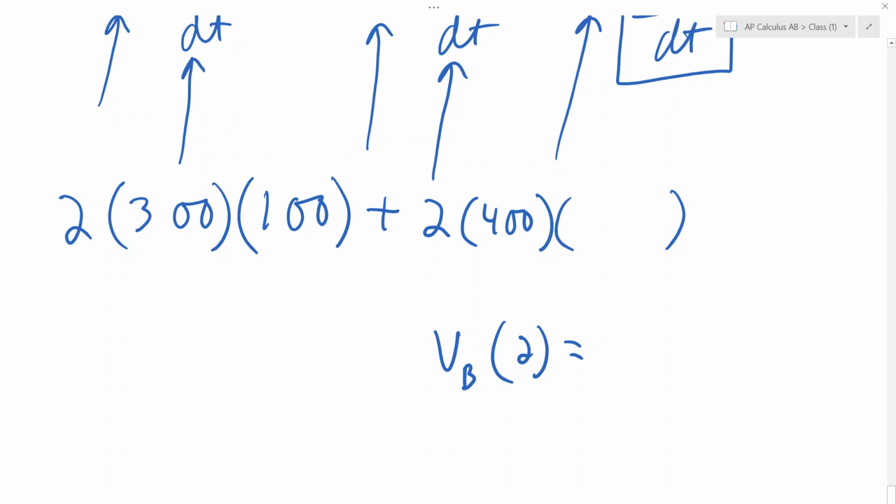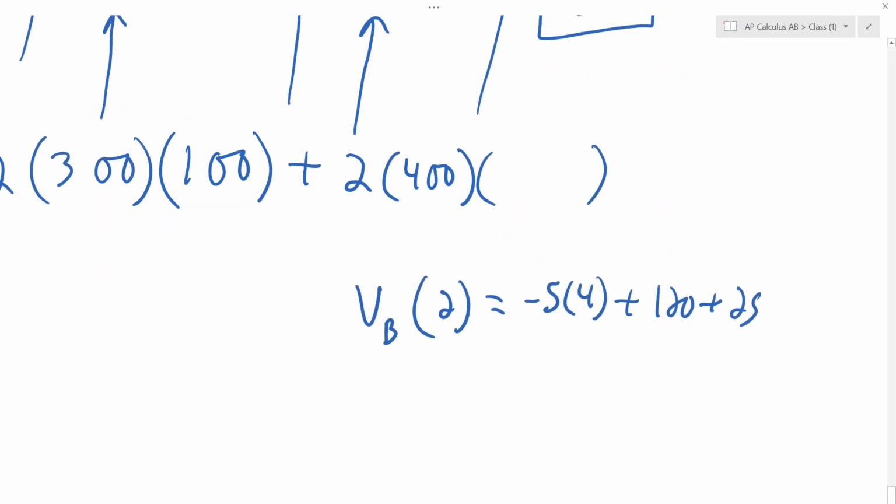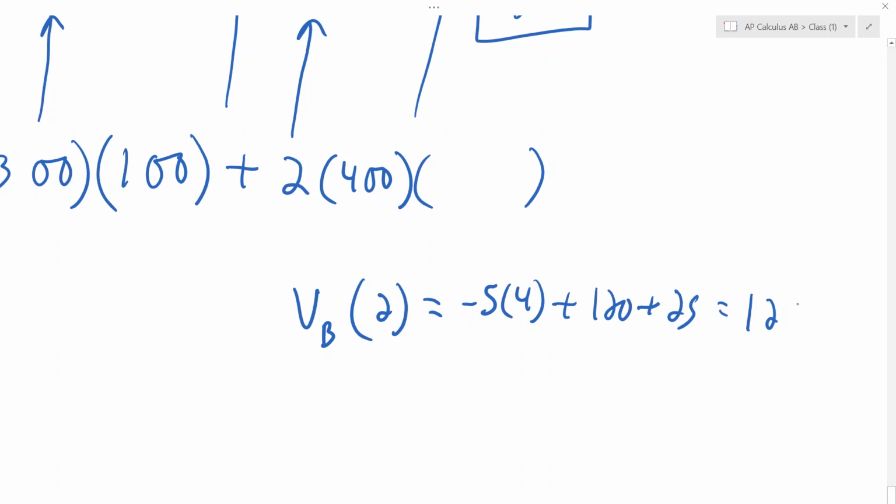We're good? A little tricky. You put a 2 in there, you get negative 5 times 4, plus 60 times 2, which is 120, plus 25. So that happens to be 125.